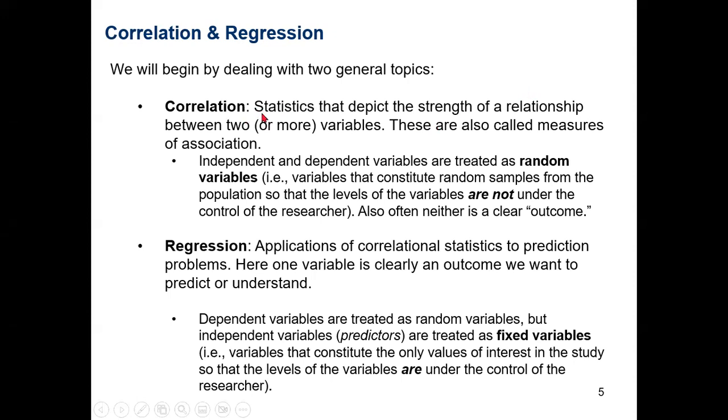Anyway, these are statistics that depict the strength of a relationship between two variables. These are also called measures of association. So the synonyms: association, relationship, correlation, covariance. But correlation is kind of special. Why? Association, relationship, and covariance are not standardized. So when two variables have one kind of unit, and the other two variables have a different type of unit, you cannot compare their magnitudes, right?